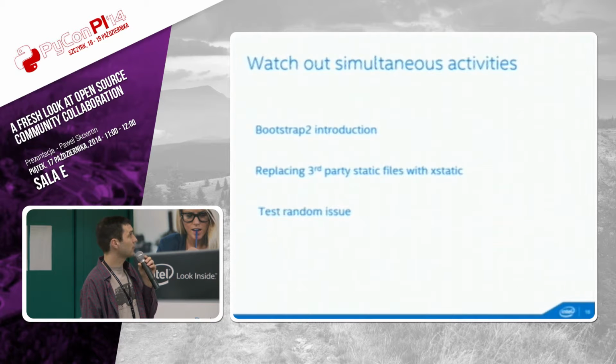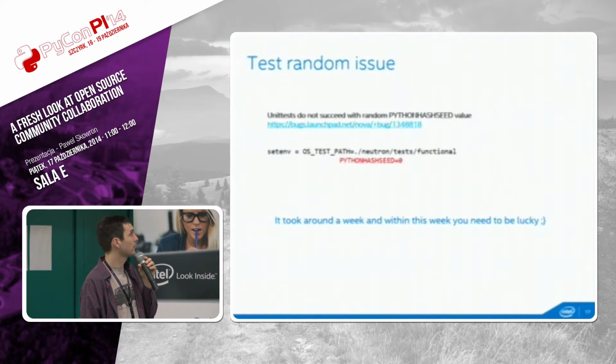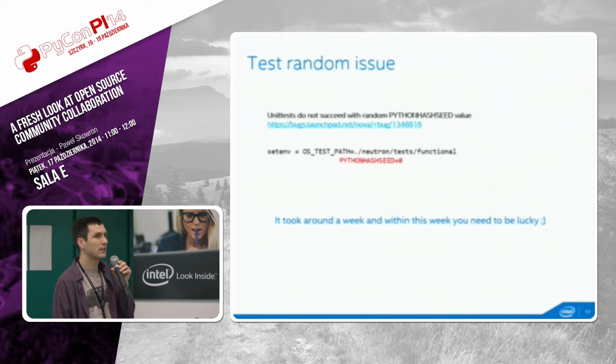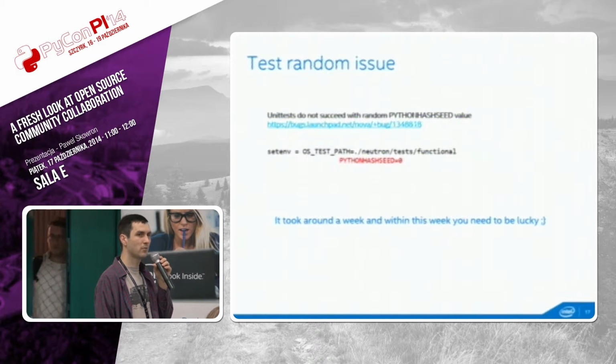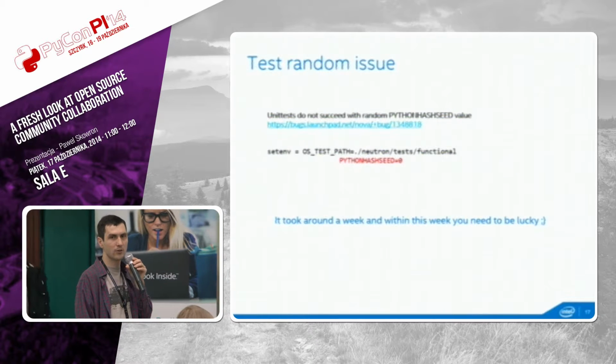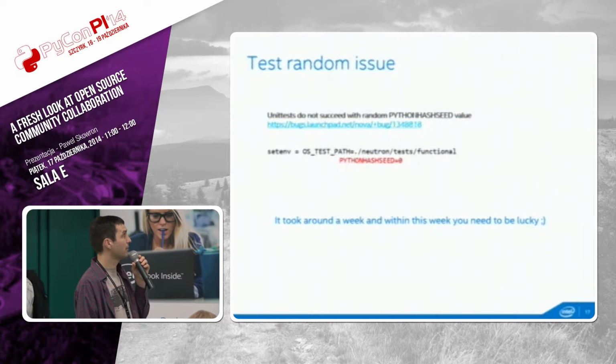There are some other issues like this test random issue, which is described here. So at some point, it was decided to remove this line, PYTHONHASHSEED, to make it more random, and this is again good for test purposes.